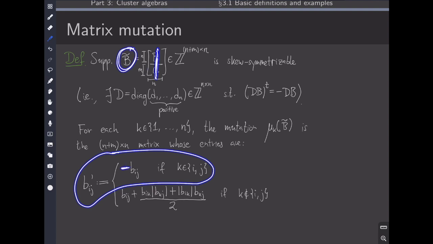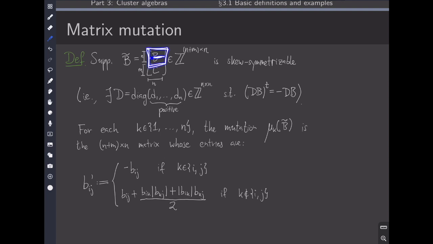Including the whole thing, right? Including also the bottom part, and also the kth row, which is a row in the top part. The new kth row is minus the old kth row. So at least that's kind of easy to visualize.